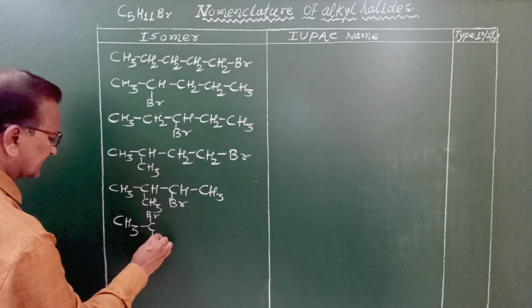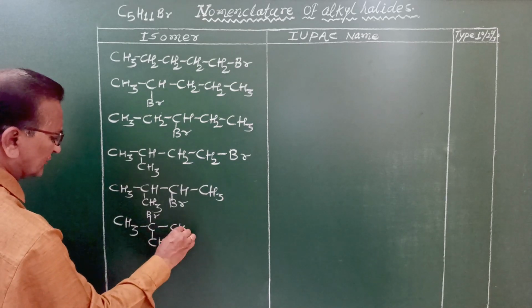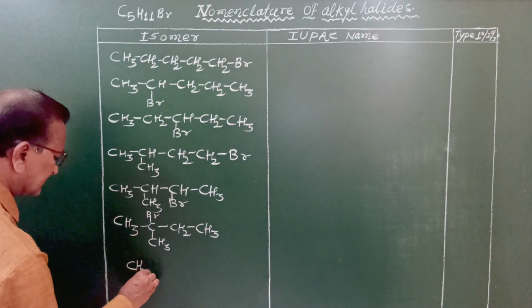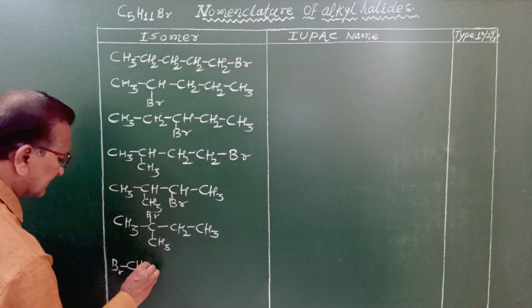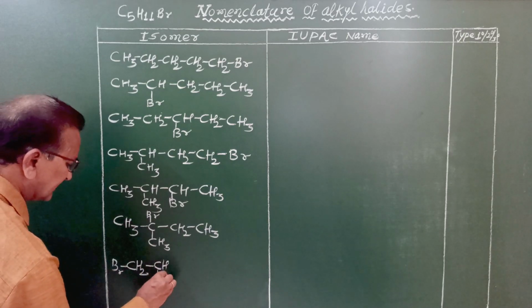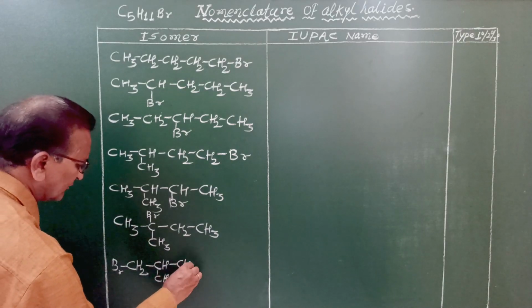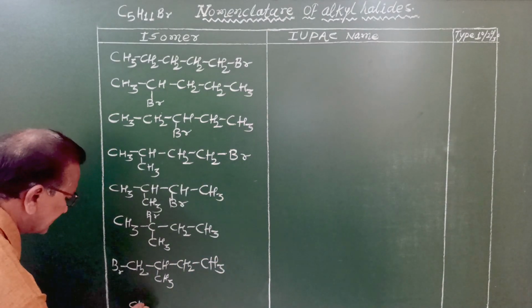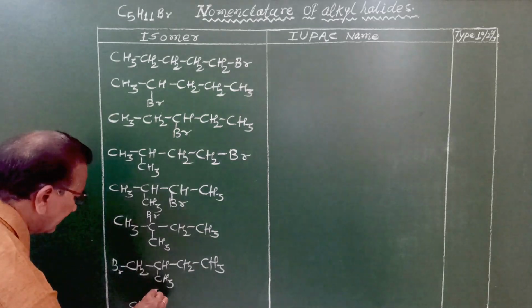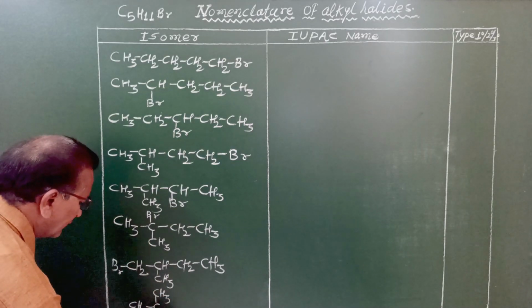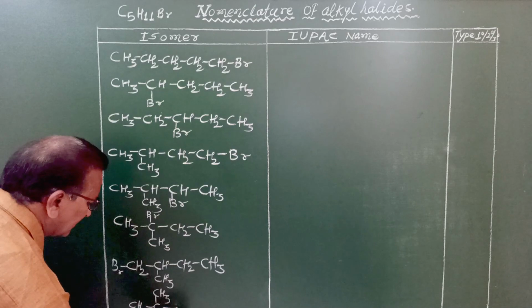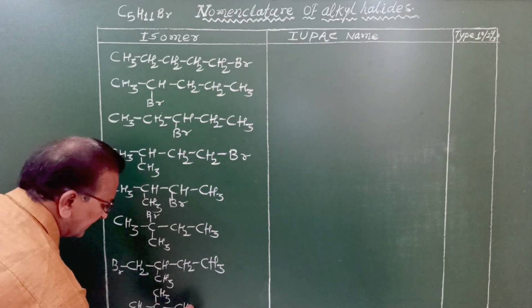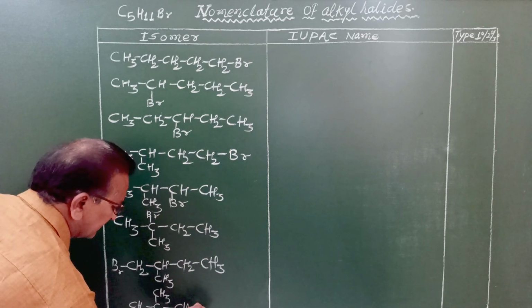Next, CH2(Br)-CH(branch CH3)-CH2-CH3. And the next and last one, CH3, is derived from neopentane. In neopentane, 2 methyl groups are in branches on carbon number 2, and from one CH3 a hydrogen atom is removed, or we can say replaced by a bromine atom.